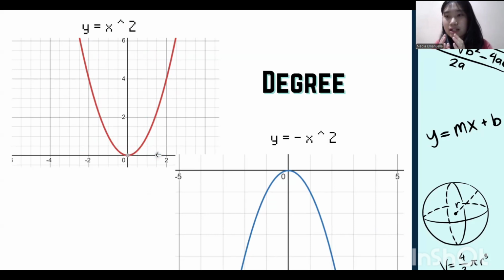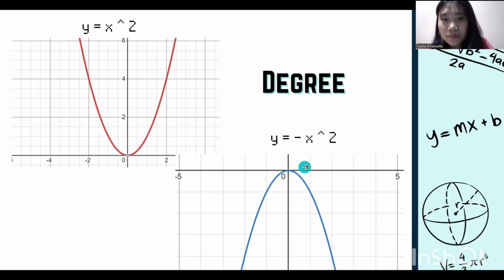And when it is y equals minus x squared, it shows a downward graph. So it's like this and like this. This shows the negative y-axis, and this shows the positive y-axis.